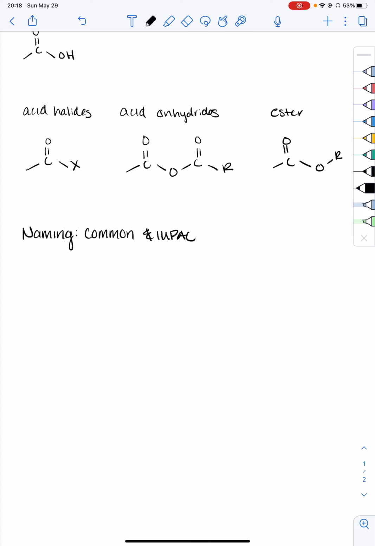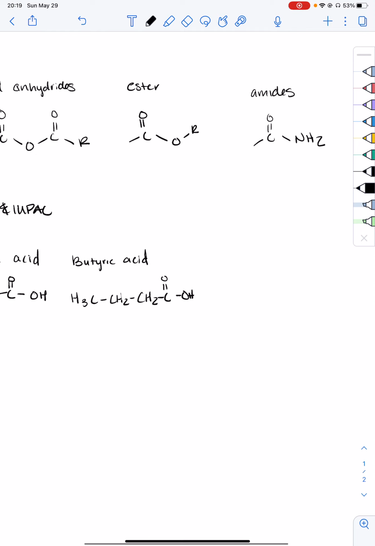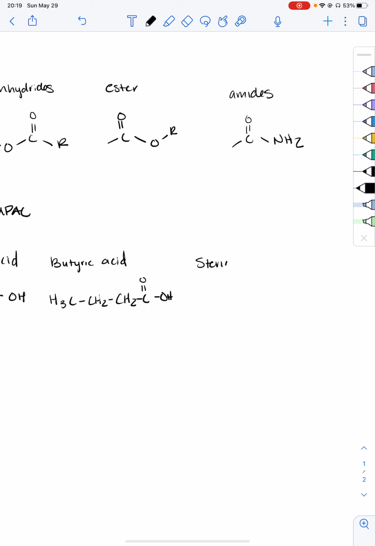The common names for carboxylic acids are derived from Latin or Greek words that indicate the naturally occurring sources, and there's formic acid, acetic acid, butyric acid, and stearic acid. And we see this group 16 times.